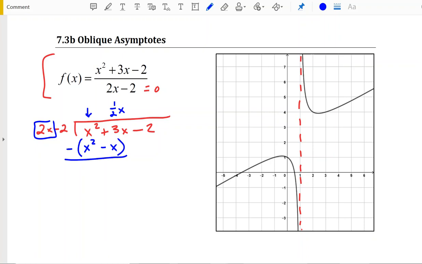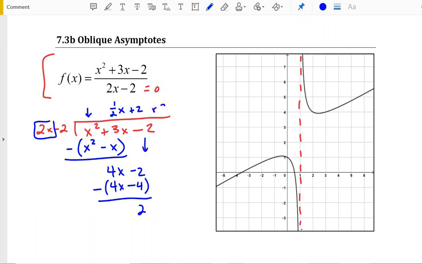I get 0x squared, but I get 4x, and then I'll bring down my -2. 2x goes into 4x 2 times, so we get +2. And 2 times 2x is 4x, 2 times -2 is -4. We want to subtract, giving us a remainder of 2.